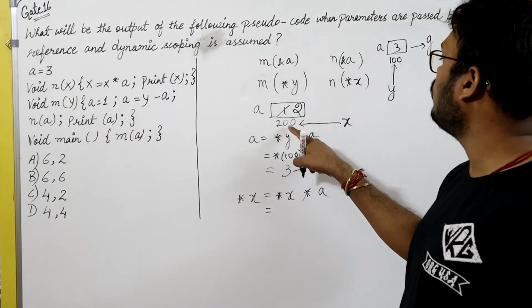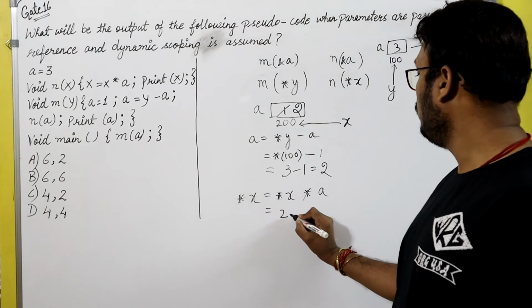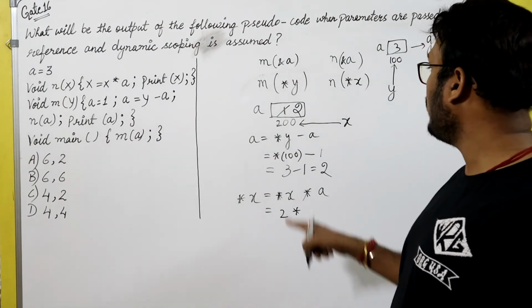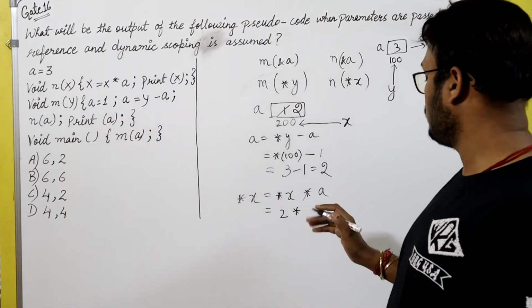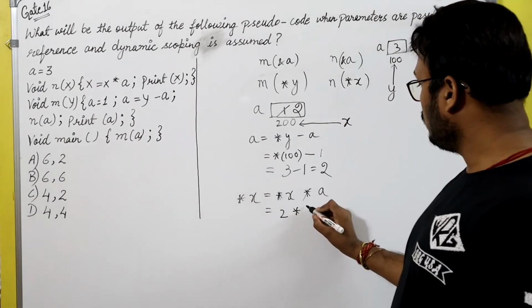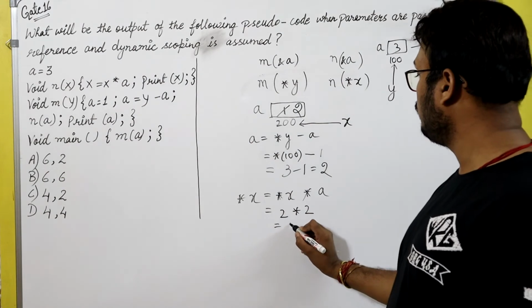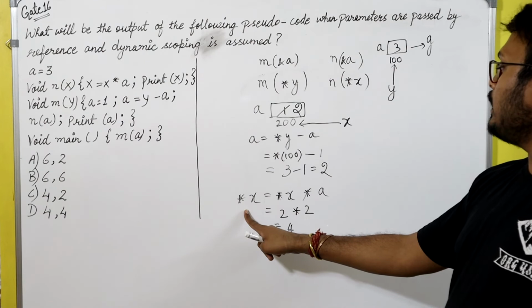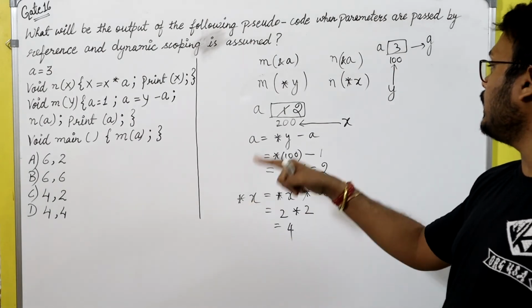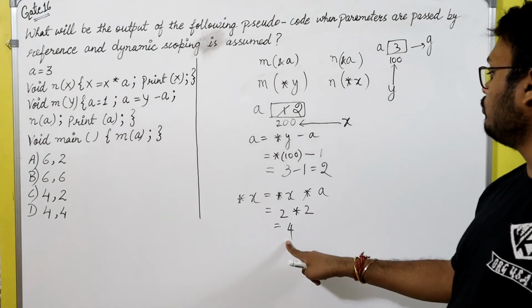So what is the value at the location 200? 2, into what is the value of A? The value of A is 2 because 2 is passed. So 2 into 2 is equal to 4. It means the value at the address pointed by x, initially it was 2 but now it has become 4.